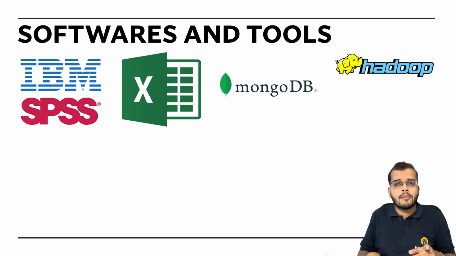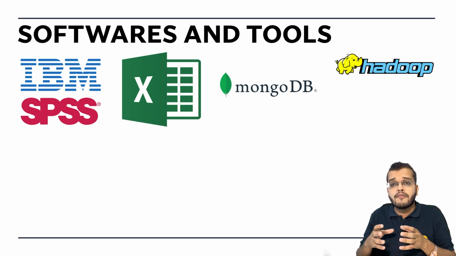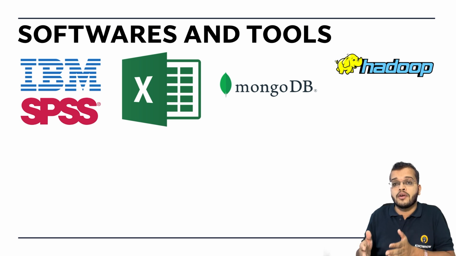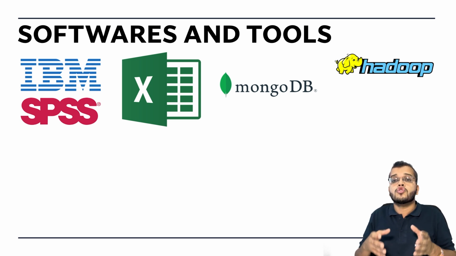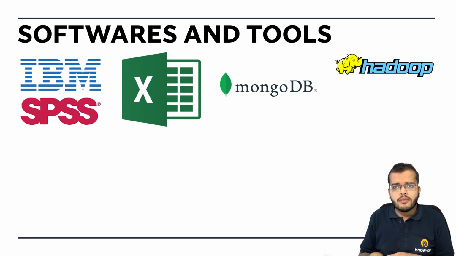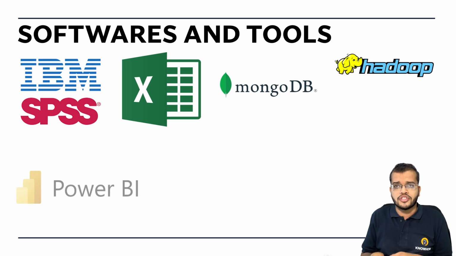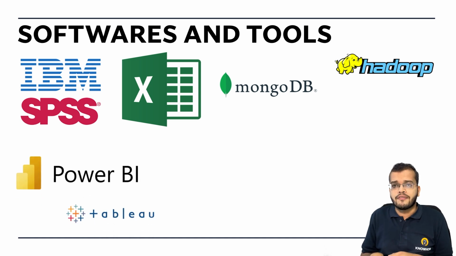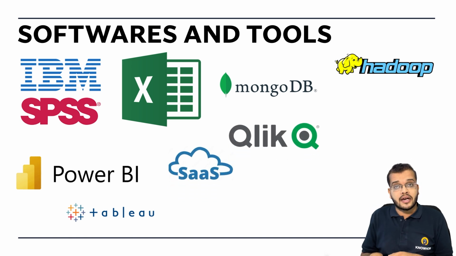After you complete a project in data analytics and data science, you will have business intelligence involved in it. So to work on business intelligence, what are the different tools required? We have the very popular Microsoft tool Power BI. We need Tableau, we need SAS, and another one which is Qlik, which is trending in the market nowadays.